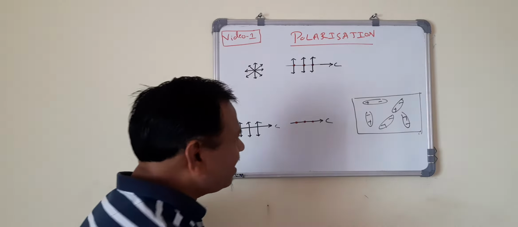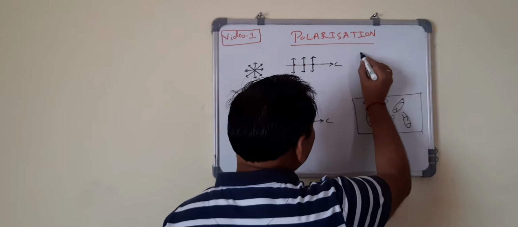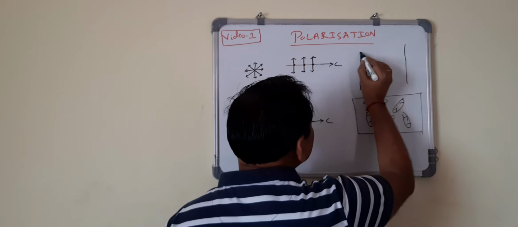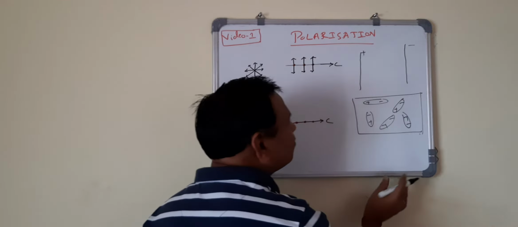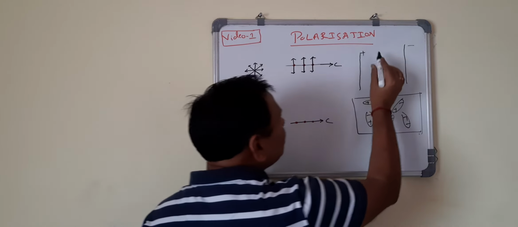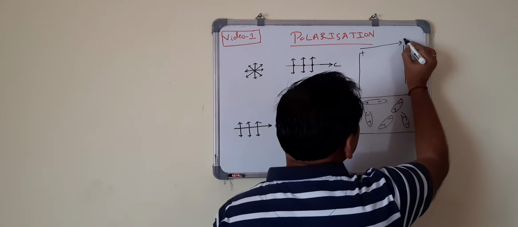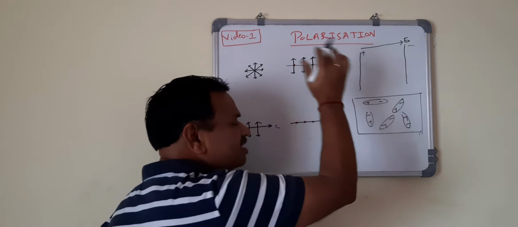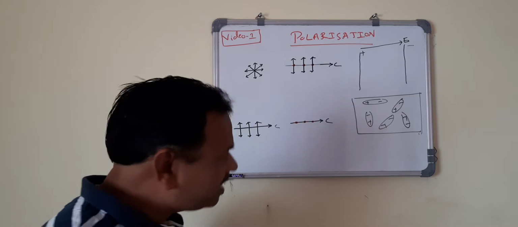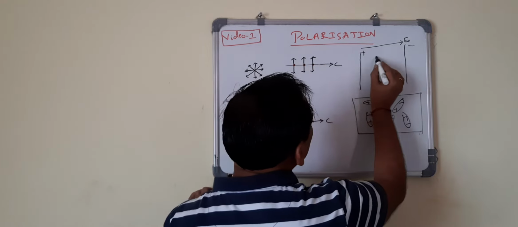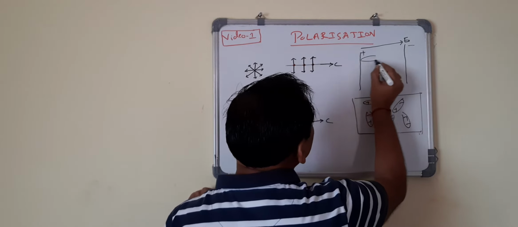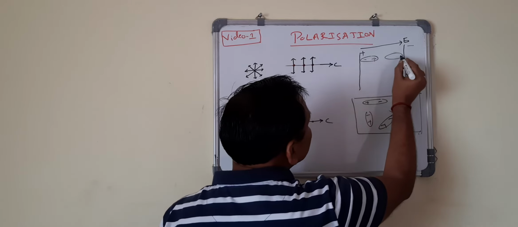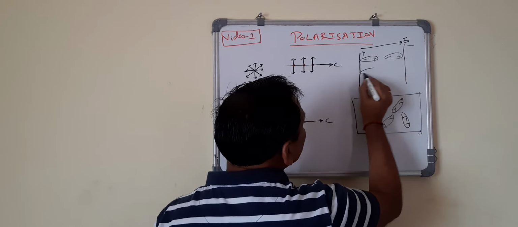Now I will apply the electric field, this is plus and this is minus. When HCl molecules are subjected to the external electric field, what happens? All molecules will be arranged in this fashion. You see, this is minus, plus, this is plus, minus, like this.